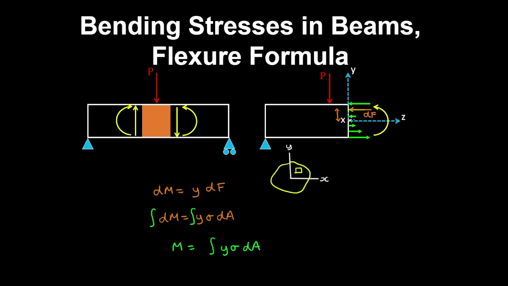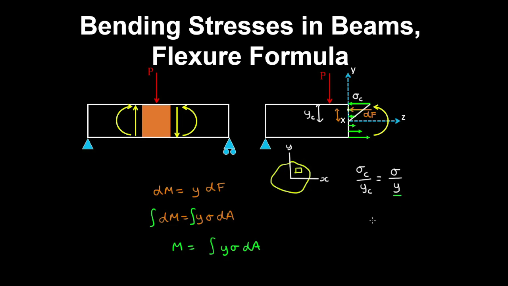Now we can recognize that this bending stress distribution is linear, so we can relate the stress on the top of the section, on the distance from the centroid, yc, to the stress acting on a differential element. So that would be some stress over the y distance from the centroid.